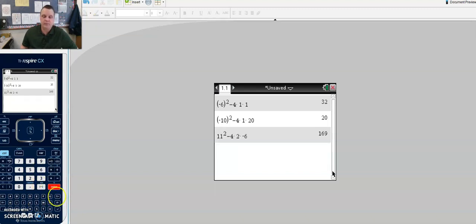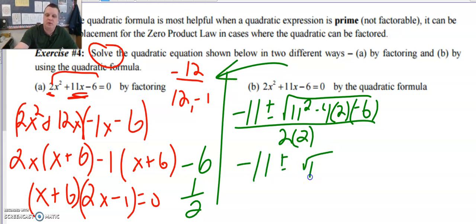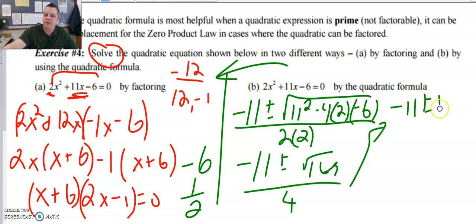Enter. You get 169. Now you'll notice if you get a perfect square, that means it's factorable. Okay, that's why we're able to factor it. Negative 11 plus or minus square root of 169 all over 4, which then goes to negative 11 plus or minus 13 all over 4.